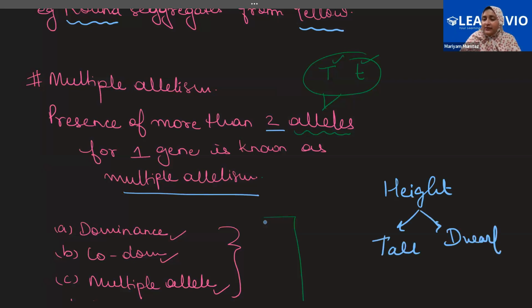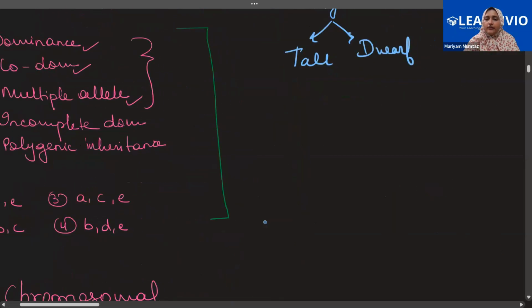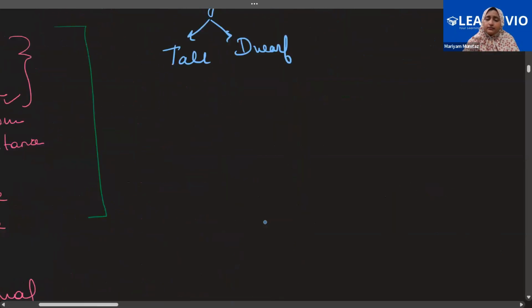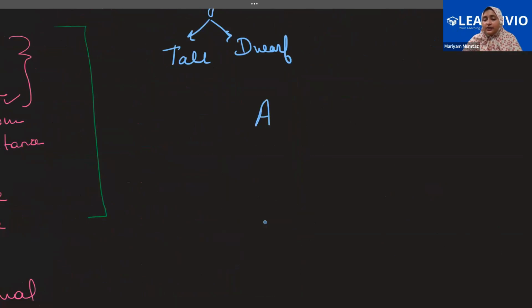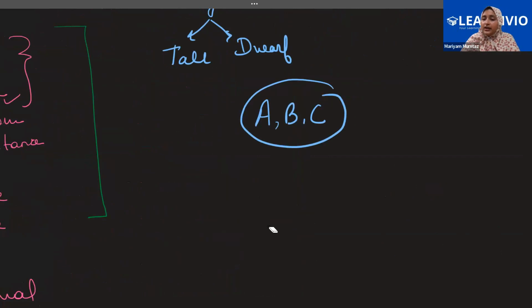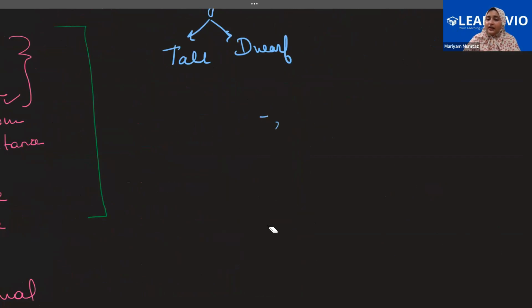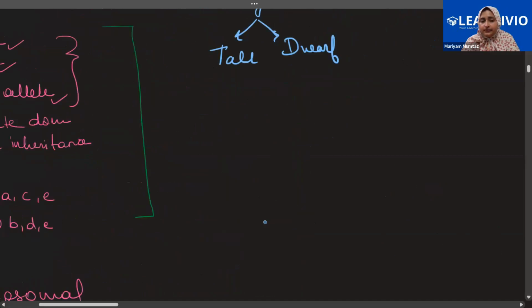But when there are more than that, that is multiple allelism. For example, in humans, capital A, capital B, and capital C are used for the inheritance process. So if more than two alleles are present, we call it multiple allelism. Clear?